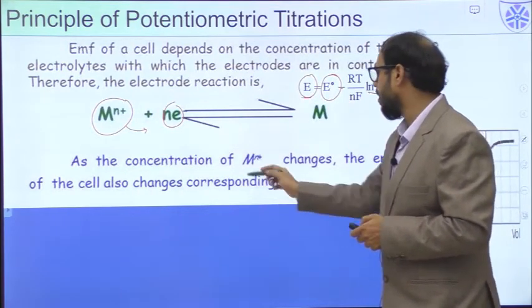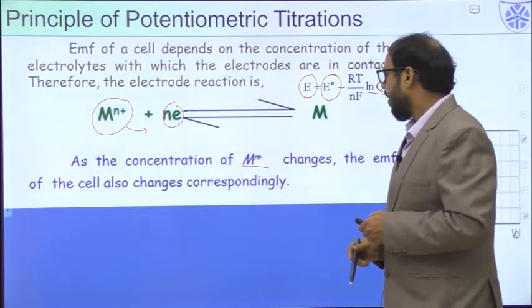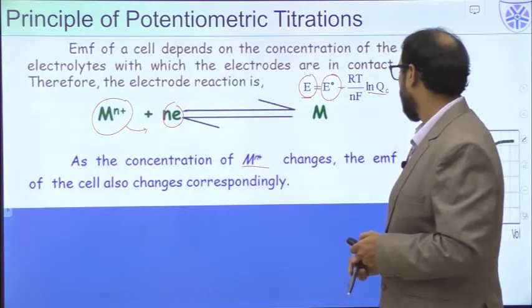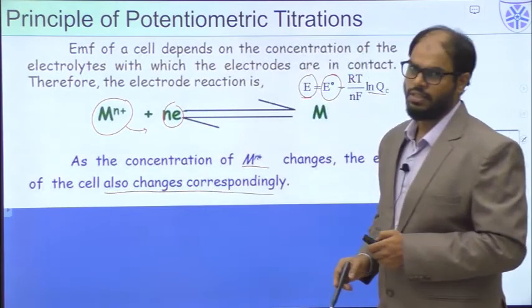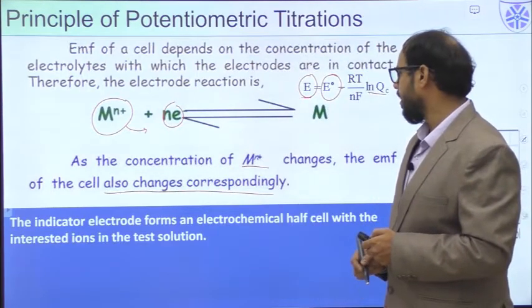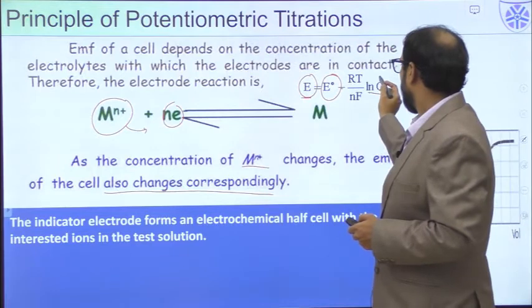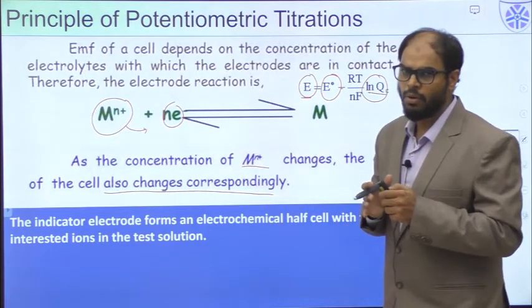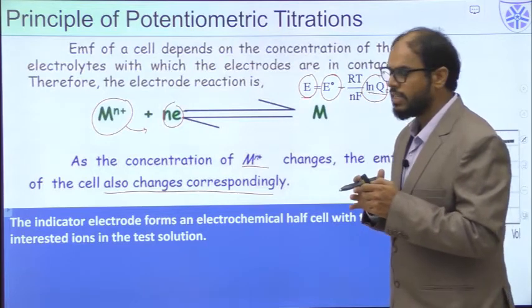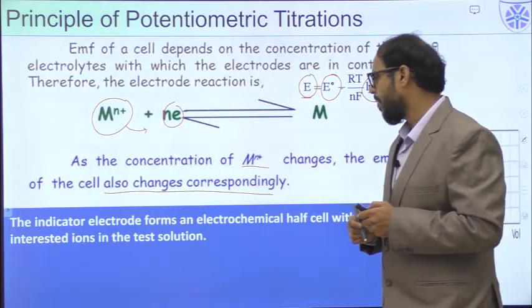As the concentration of the ion species of interest changes, the EMF of the resultant cell also changes. It is very clear that the concentration of the analyte solution plays a vital role in understanding the change in the electrode potential.